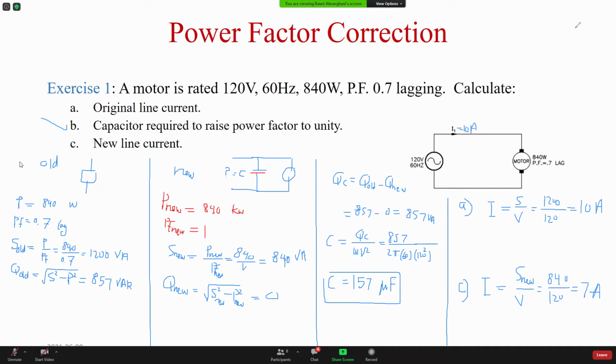After we add the capacitor, this is 10 here going to the load. After we add the capacitor, the load still takes 10, but the current here is 7, because this guy gives you some leading current, so this current is less.